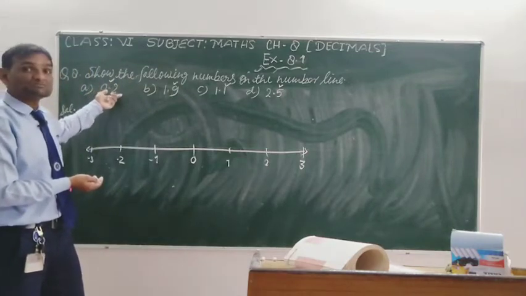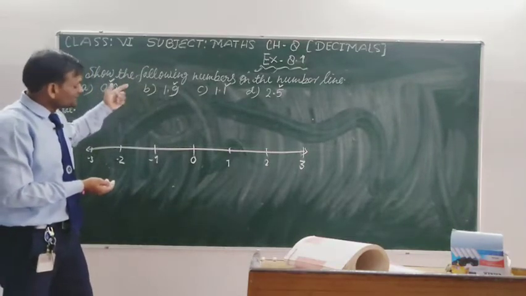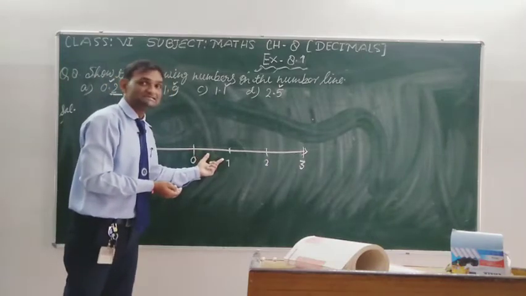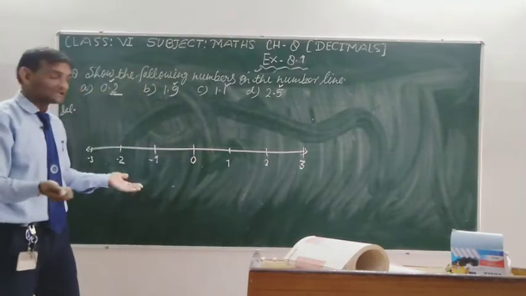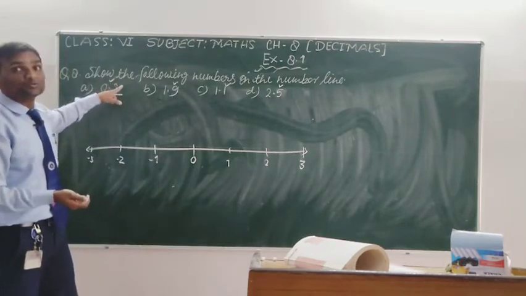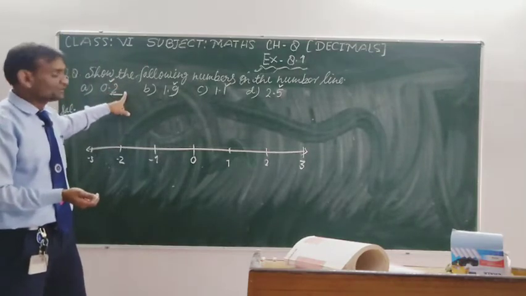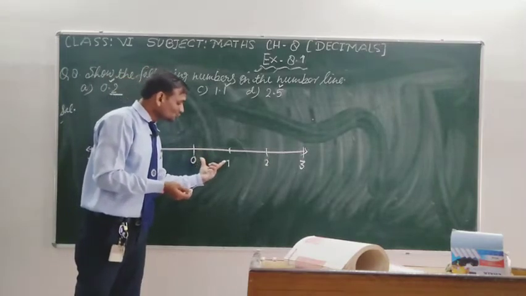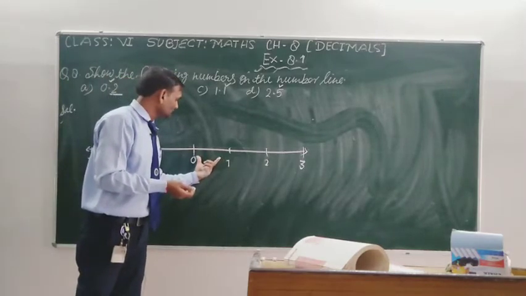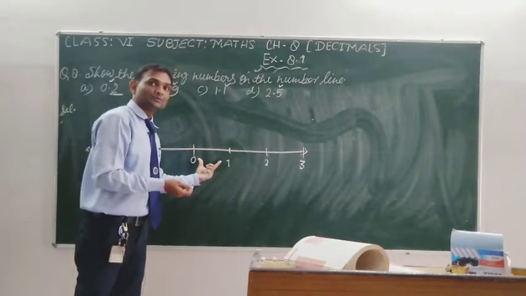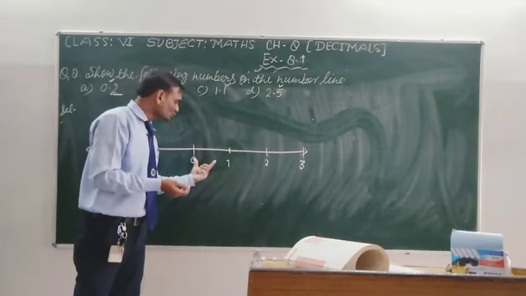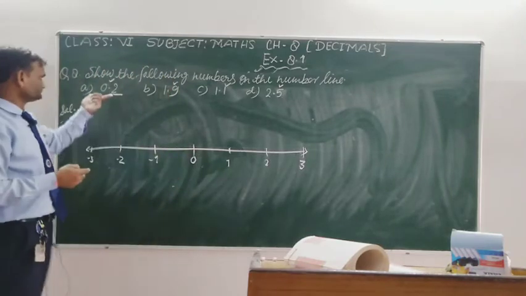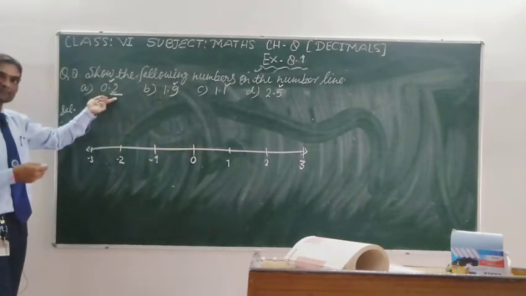If it belongs to the 100th place, then you will divide the distance between two units into 100 parts. If it belongs to the 1000th place, then you will divide the distance between two whole numbers into 1000 equal parts.